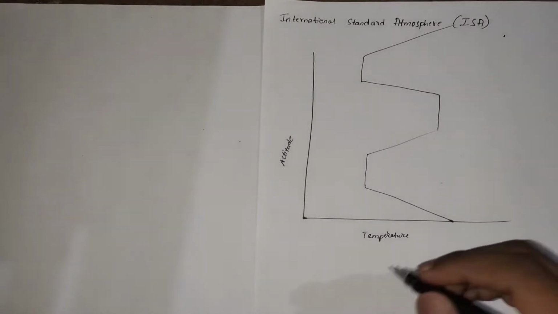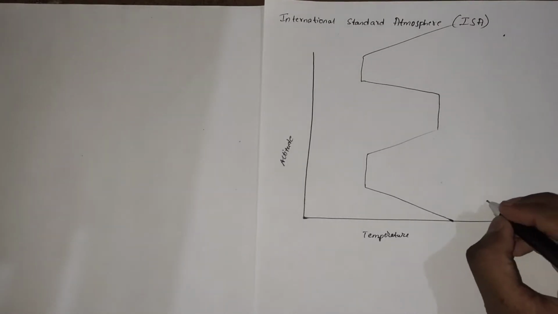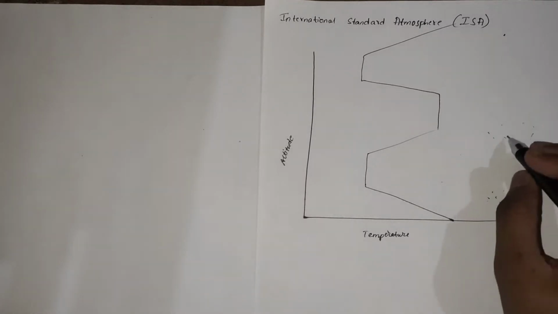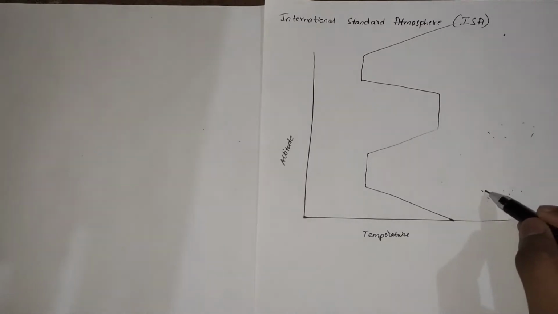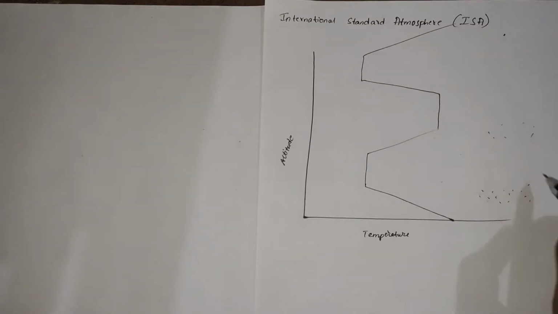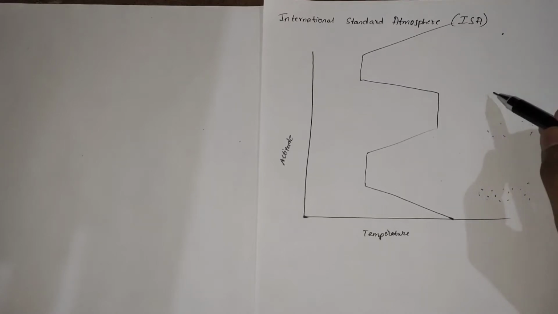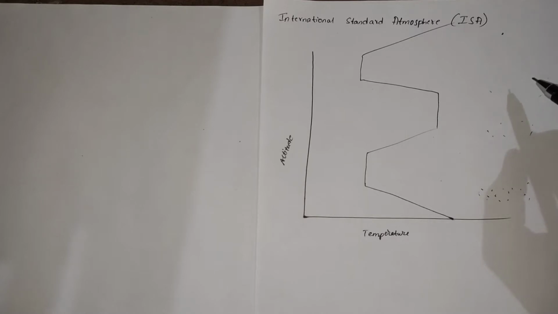So over the surface of the earth there will be more particle density than above the surface of the earth. Since the particle density is higher here, the temperature will be more, and as we go above the surface of the earth there will be fewer particles in the region, so there will be a reduction in temperature as we move higher.